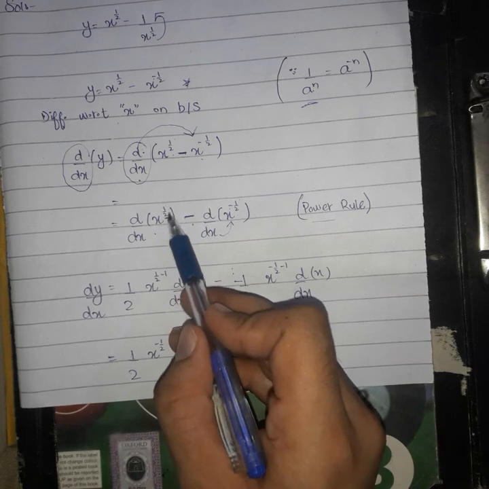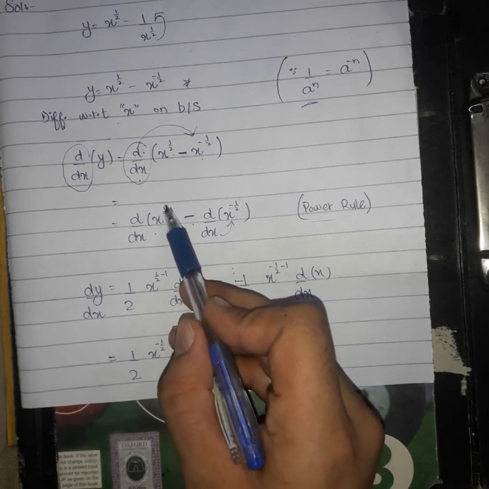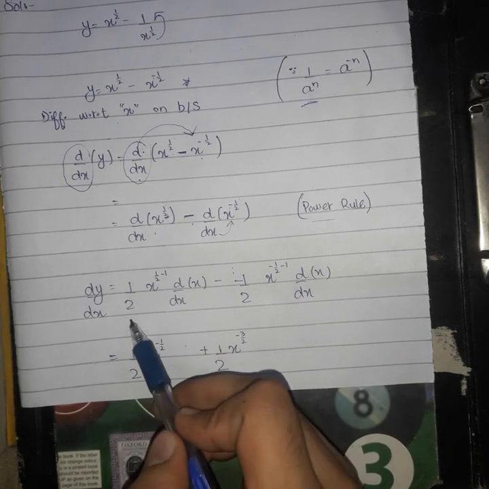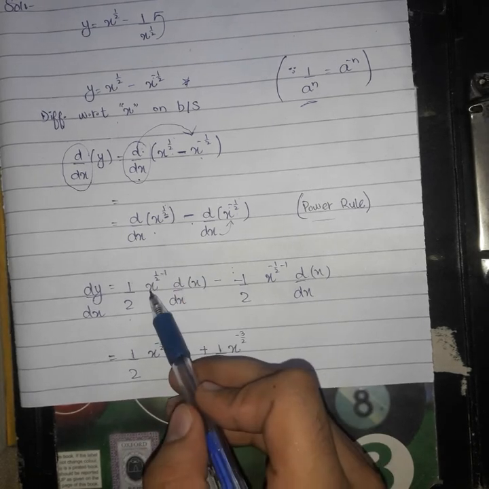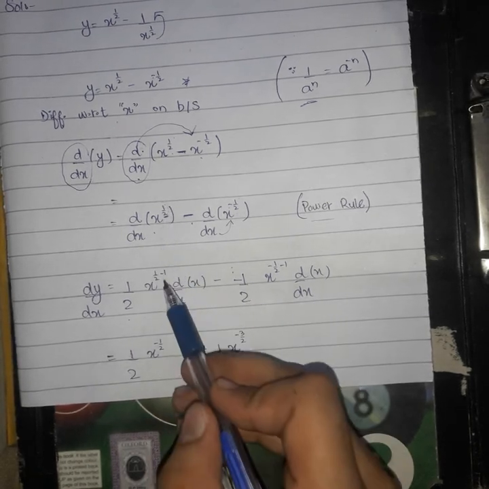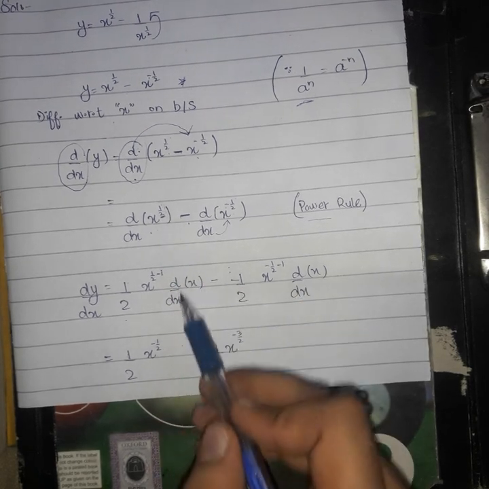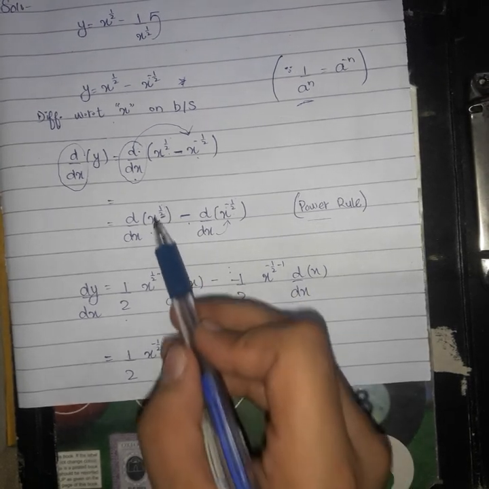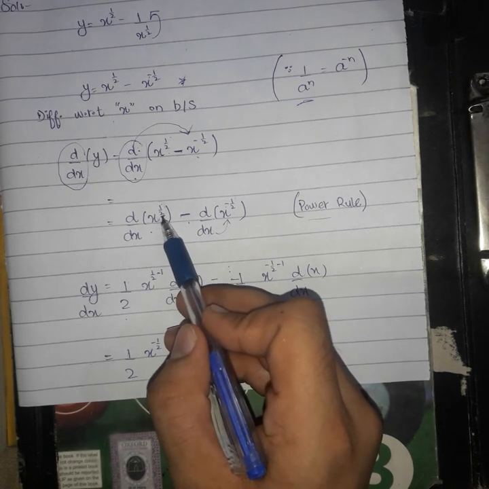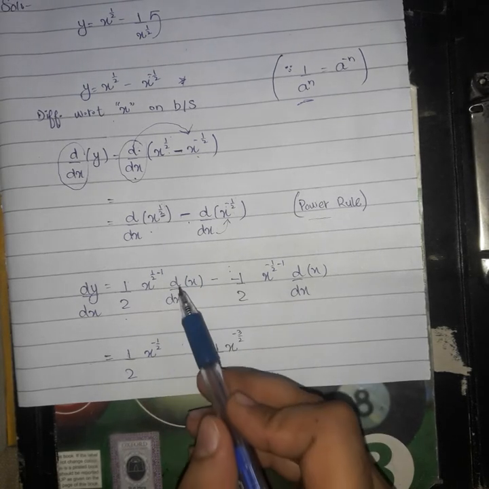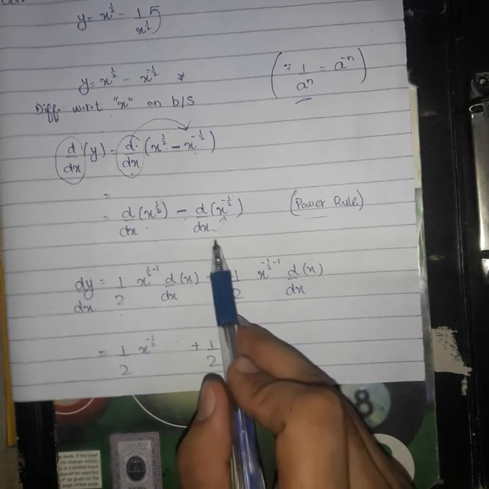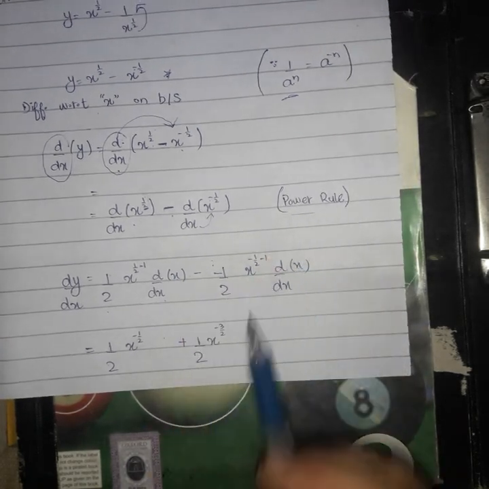The power rule is we write power 1 by 2 first and the function as it is, x to the power 1 over 2, and decrease 1 from the power into extra derivative of the function without any power. So it becomes d by dx of x, the negative sign as it is.